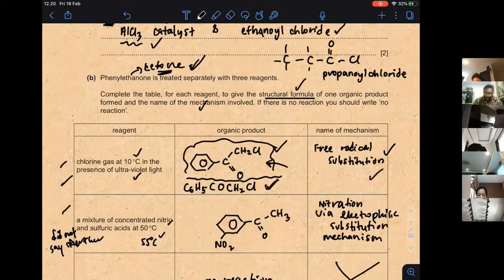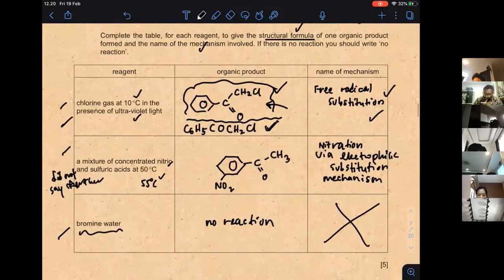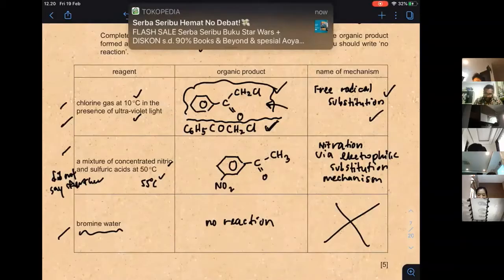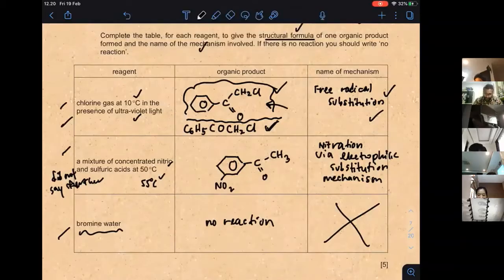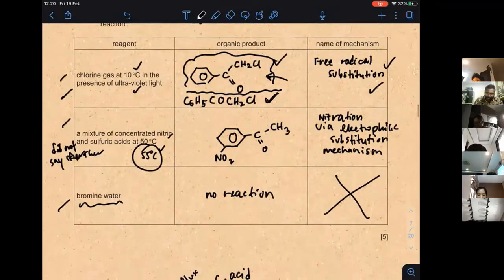So it's a free radical substitution, and then they have a mixture of nitric acid and sulfuric acid at 50 degrees Celsius. In our textbook it's written 55 degrees Celsius, so please take note, because it's 2019, quite recent. Maybe you can just give any answer between 50 to 55 degrees Celsius when it comes to a nitration reaction.